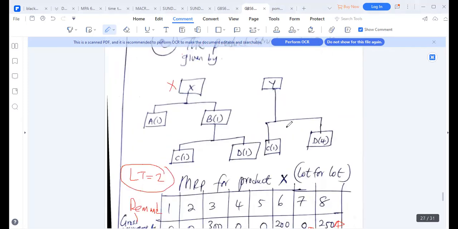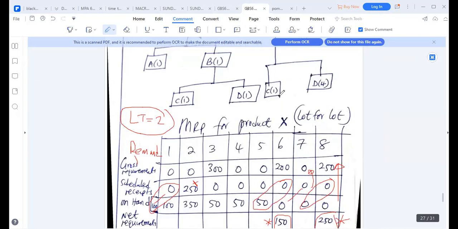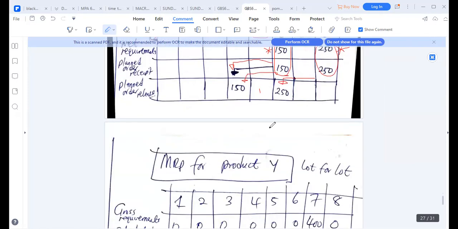So here we have this information. We are going to have MRP for Y, and it's supposed to have those components. For MRP for Y, the gross requirements are the same as demand: 0, 0, 0, 0, 400 and 0.